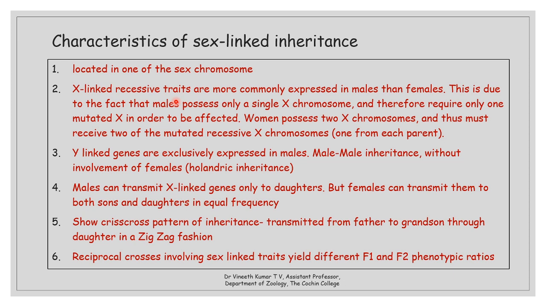If you take the X chromosome in females, females will show a pattern of inheritance of the X chromosome similar to that of autosomes. If you have an X-linked recessive trait, and we are discussing individuals with two X chromosomes, in females an X-linked recessive trait will be expressed only in the homozygous condition.